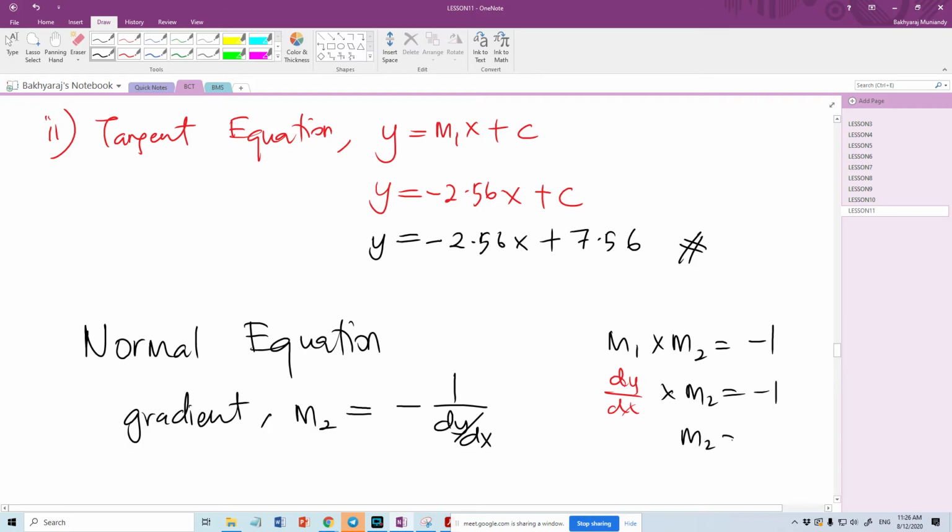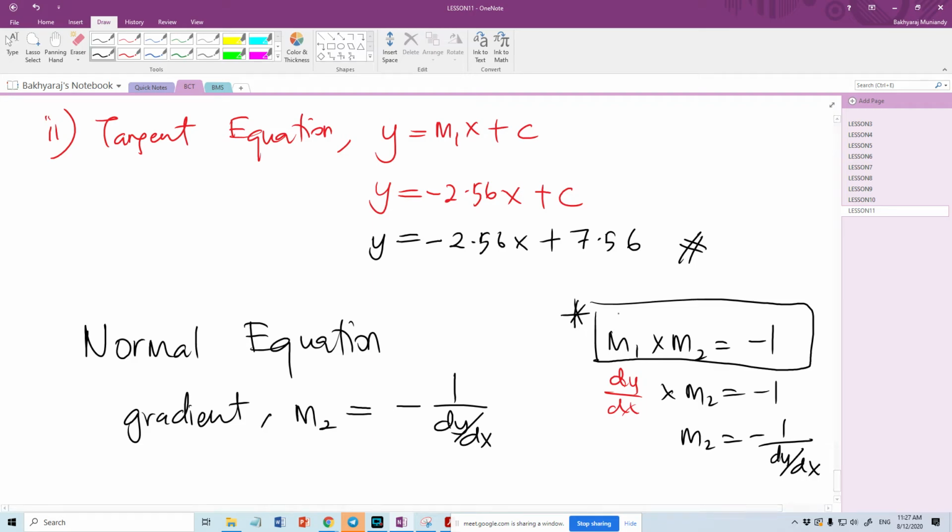So M2 is negative 1 over dy dx. This is the original formula. We need to get M1 and put it into this formula to get our M2. M2 is for the normal equation.